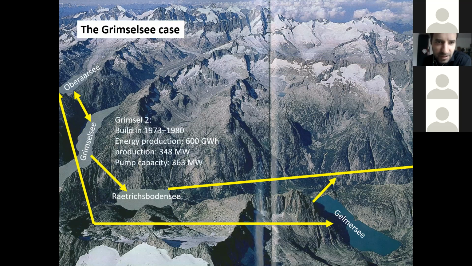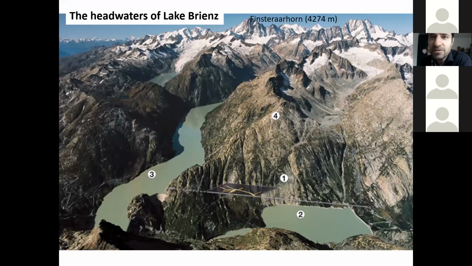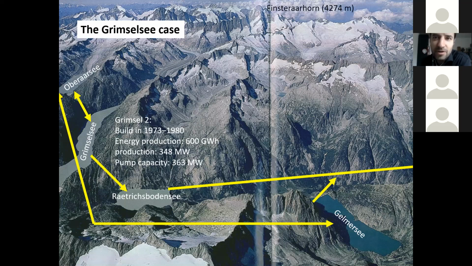In total, this has an energy production of 600 gigawatt hours per year, and a capacity of 348 megawatts. So this is almost a small nuclear power plant that you can replace with a hydropower system like this. And just to point out, the mountains are 4,200 meters high here.